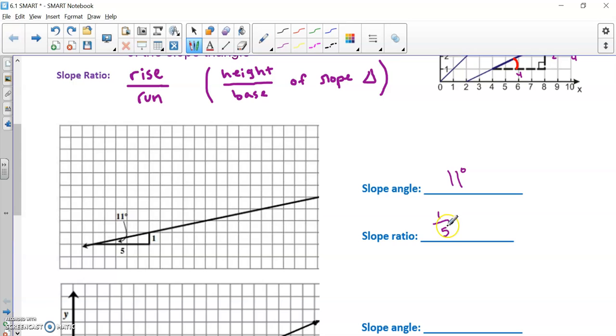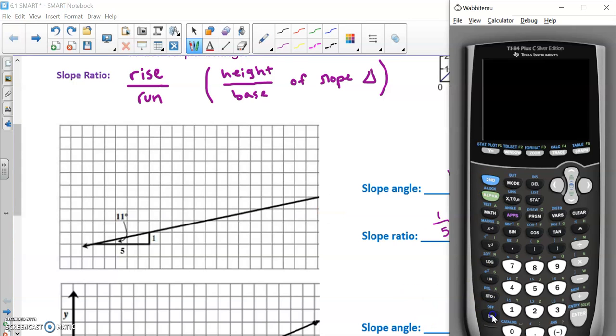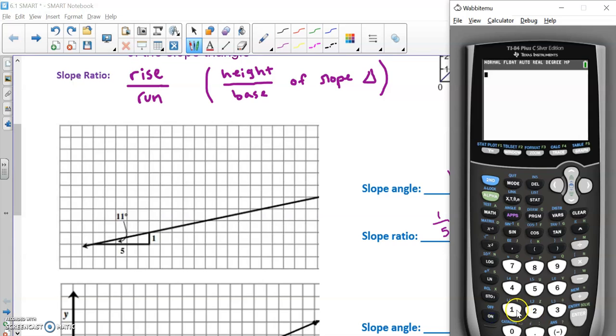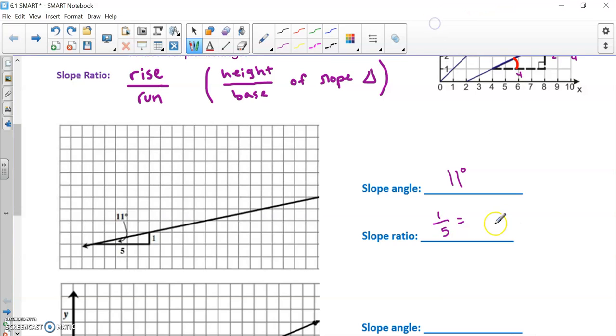When you do 1 divided by 5 in the calculator, you'll get a decimal, and I want us to pay attention to those decimals. We get 0.2, so I will write 0.2 here.